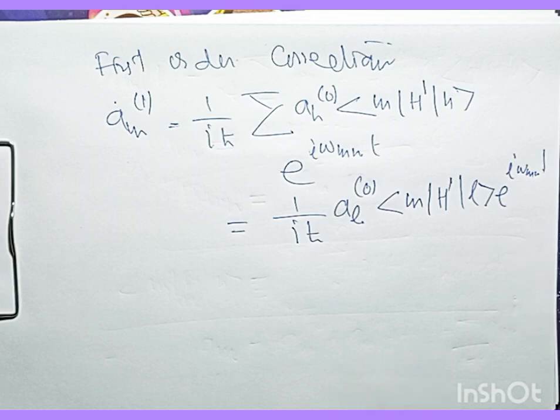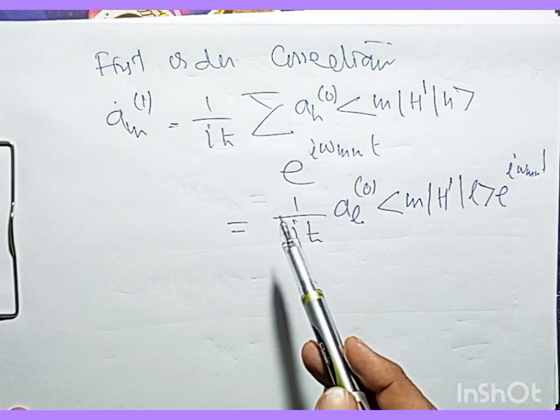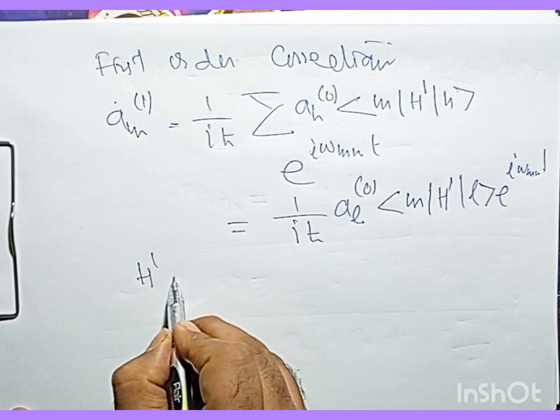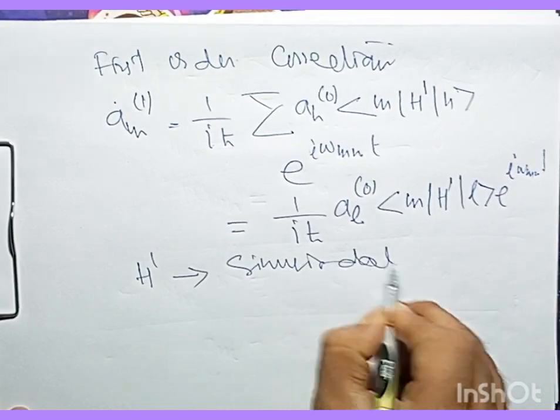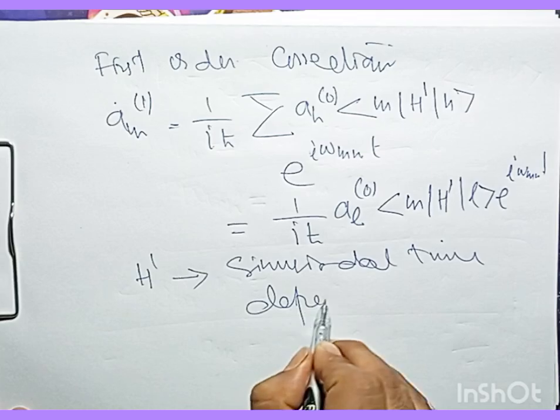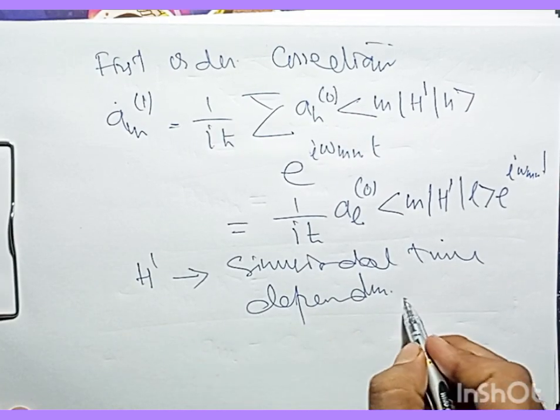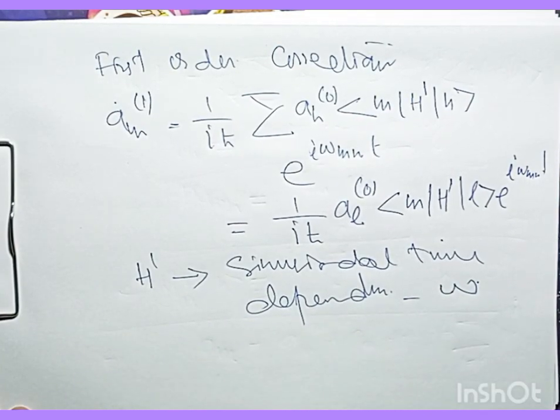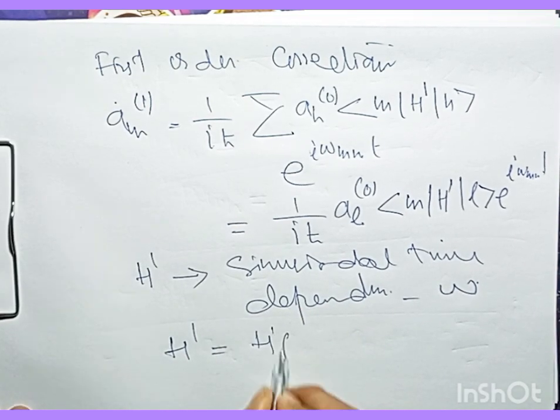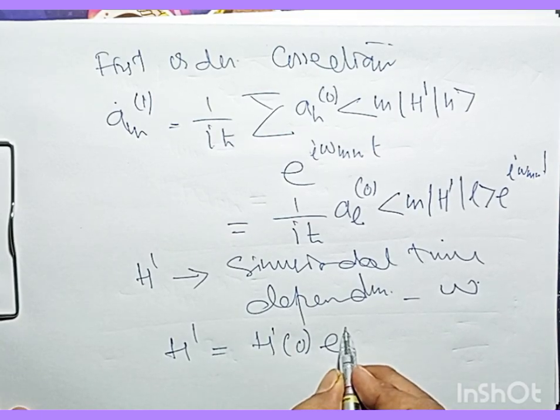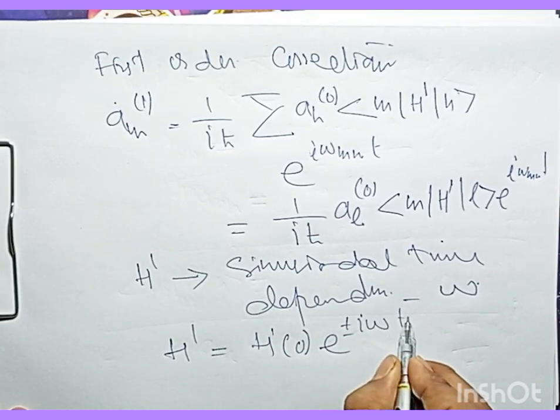Now, for the sake of our interest here, if the perturbation h dash has sinusoidal time dependence with some frequency omega, which is the situation in all resonance phenomena, we can write down this h dash as h dash of 0 e to the power of plus minus i omega t.